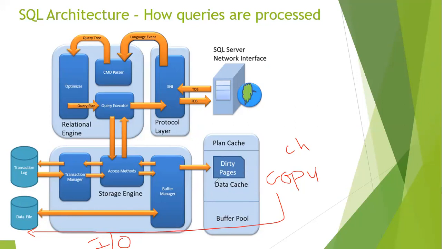To avoid any IO operations, we are caching the page in the memory. So whenever you do a select, it will be picking from the memory itself, or for updates, it will be taking the page from the memory itself. If there is any memory pressure, let's say you need a few other pages to be placed in the memory, then we have another internal process called the lazy writer.